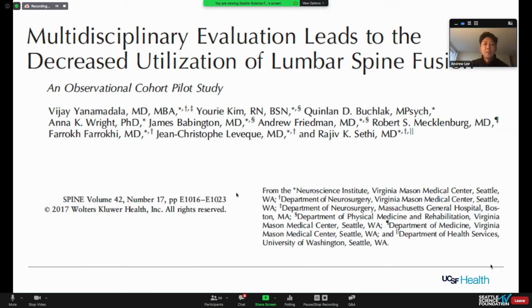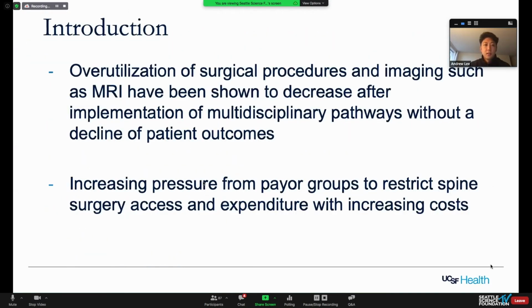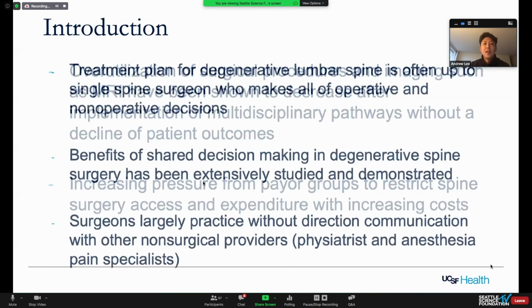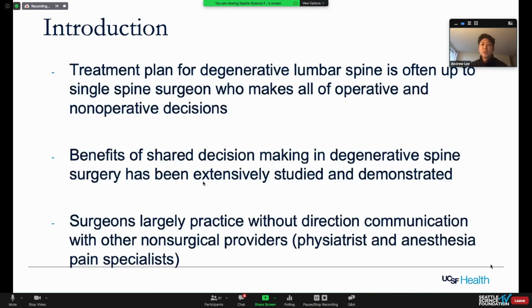Thank you, Dr. Berven. So my study is a multidisciplinary evaluation leading to decreased utilization of lumbar spine fusion. This study was performed at Virginia Mason Medical Center in Seattle, Washington, with the primary author, of course, being Dr. Sethi. Just as a brief introduction, the treatment plan for degenerative lumbar spine is often up to a single spine surgeon who makes all the operative and non-operative decisions.